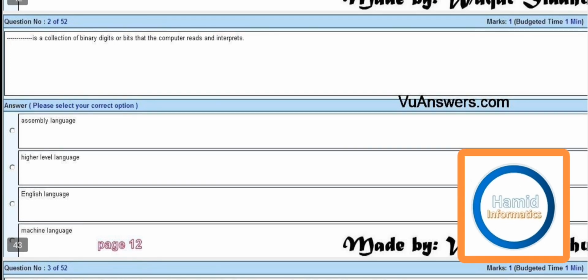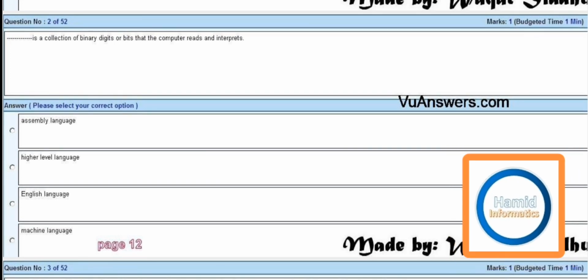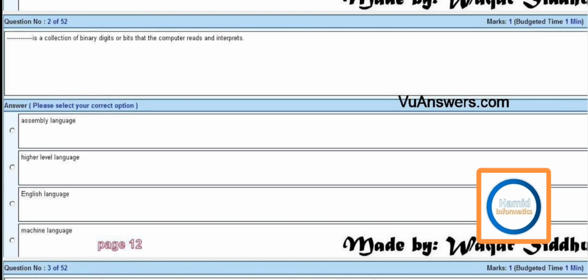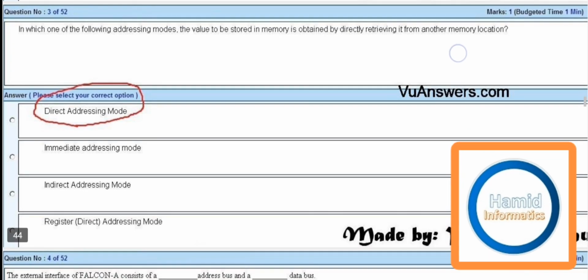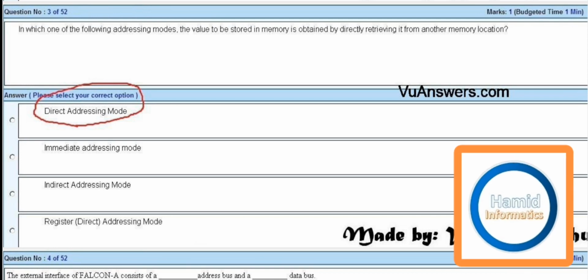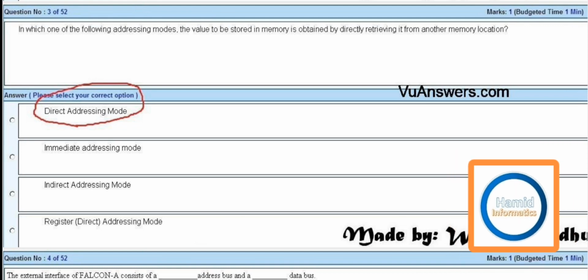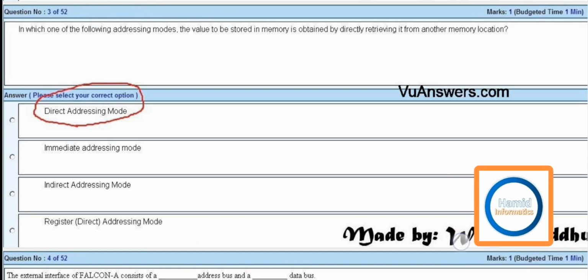Next one: dash is a collection of binary digits or bits that the computer reads and interprets. Answer is machine language. Next: in which one of the following addressing modes is the value to be stored in memory obtained by directly retrieving it from another memory location? The answer is direct addressing mode.